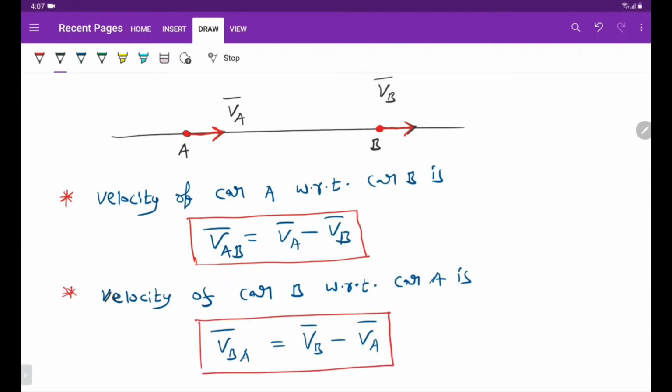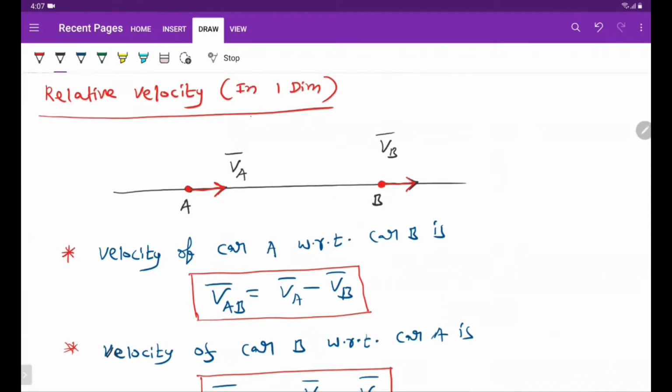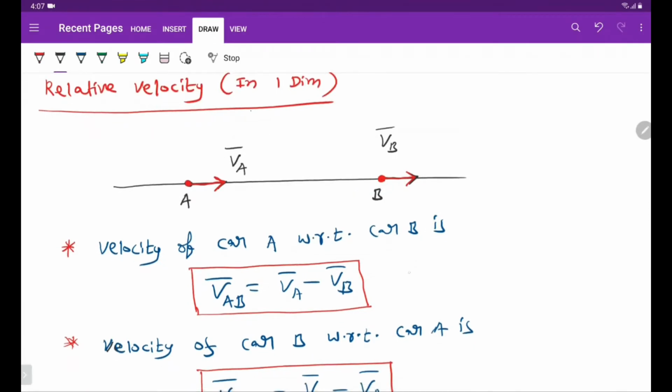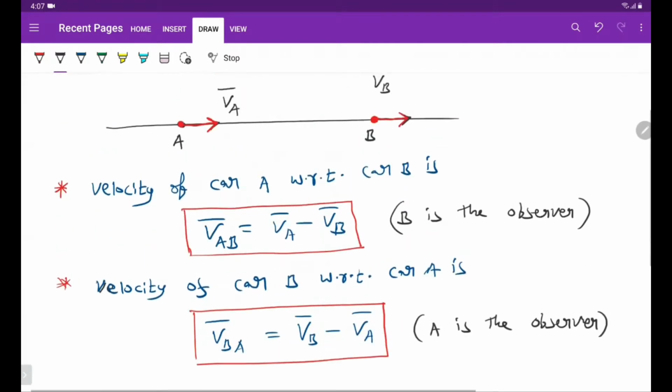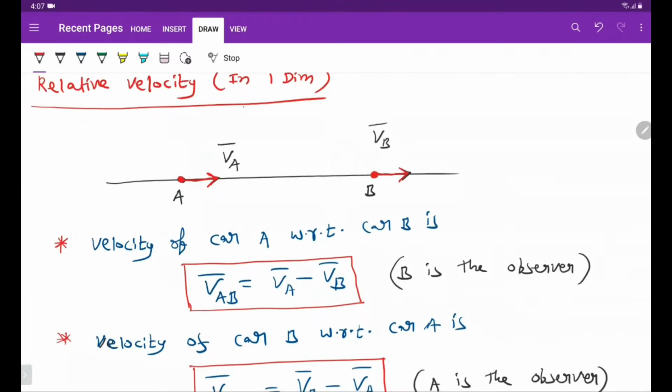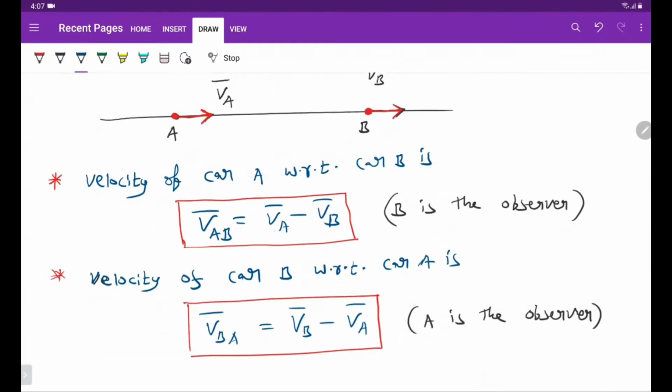The difference between these two formulas is that in the first formula, B is the observer, so the driver in car B is the observer. In the second formula, A is the observer.